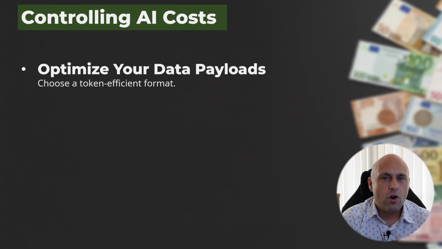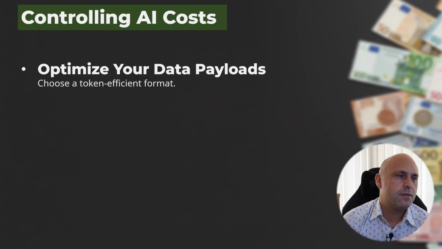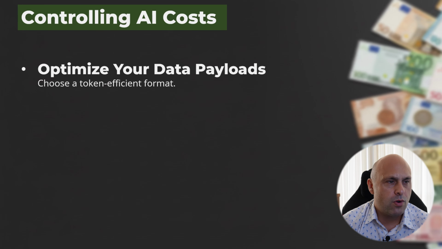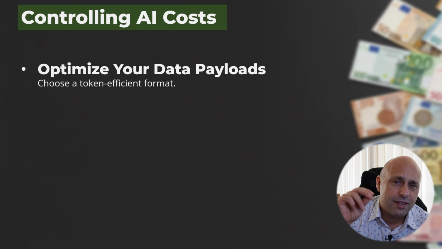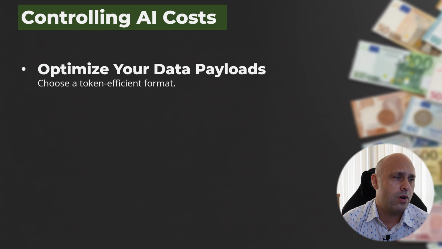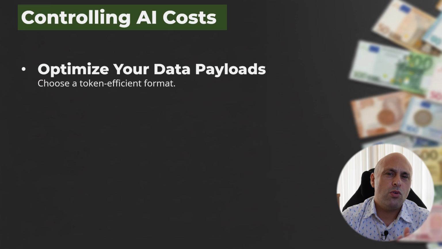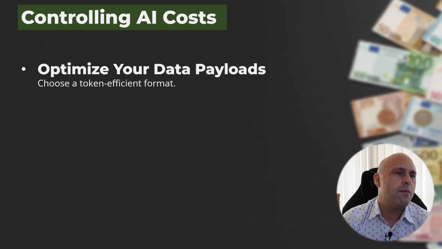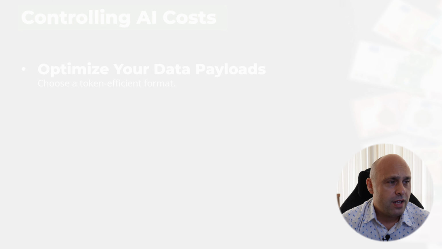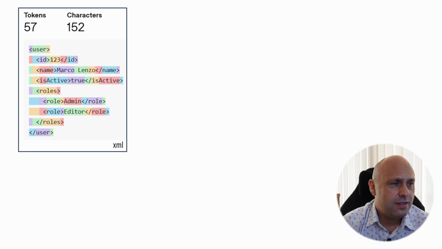Now, for the most important part, how do we use this knowledge to our advantage? First, we optimize our data payloads. The data format we use to communicate with the LLM has a massive impact on our costs. So let's look at the exact same information presented in 4 different formats. The XML version, as we can see, costs 57 tokens.